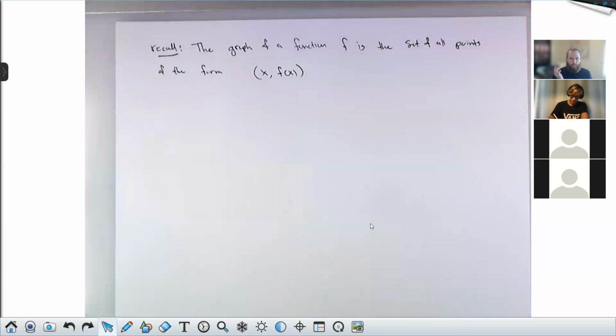All the points x comma y, where y is f of x. There's nothing that can stop me from forming such a set for a sequence, because a sequence is also a function.